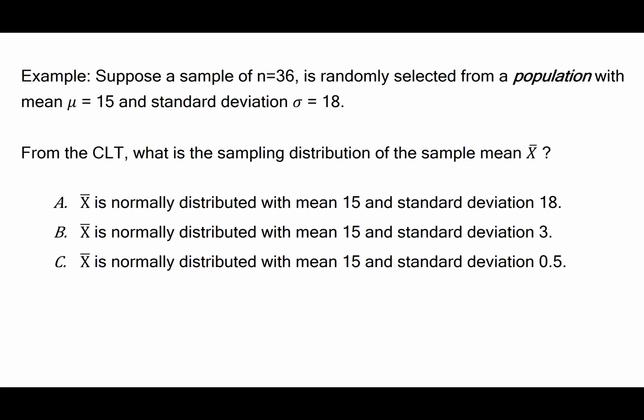Okay, so here you might notice they all have mean 15. Remember, the mean of that sampling distribution of x bar is just going to be equal to the mean of the population. We know that already, it's 15. The standard deviation is the trickier part. So it's that sigma of x bar, and that sigma of x, or just sigma. That's fine if you don't put the x there. I find it helpful.